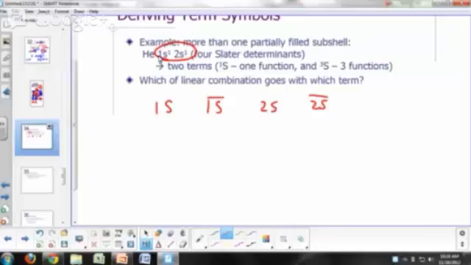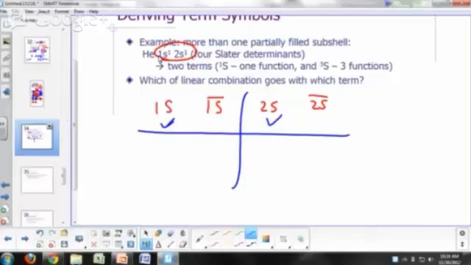You can have this, that, right? They can both be spin up in the 1s. The other electron is also spin up in the 2s. Or it can be spin up in the 1s, spin down in the 2s, right?